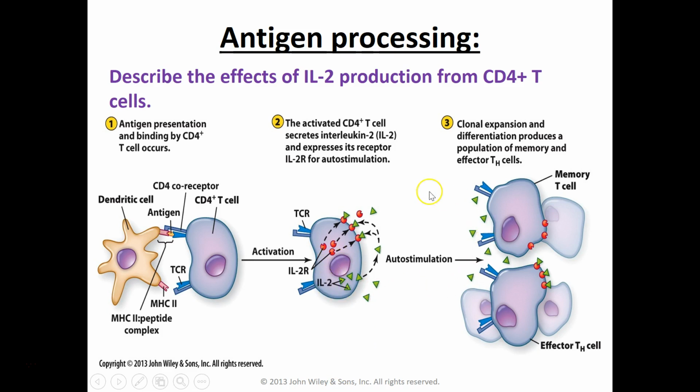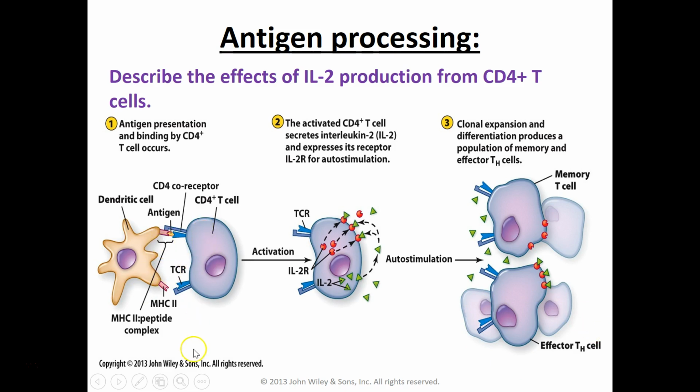And so then, again, they're going to proliferate. So we're not going to have just one of these. IL-2 says proliferate, right? Make more of yourself. So it's going to clone itself so that all its clones have the same T cell receptor. Some of them are going to become effector cells that are going to produce more cytokines and talk to other cells, depending on what happened here in the beginning.